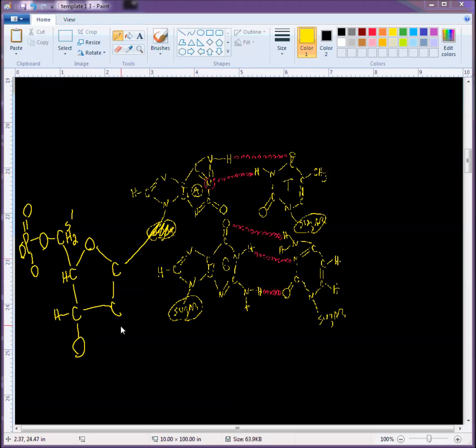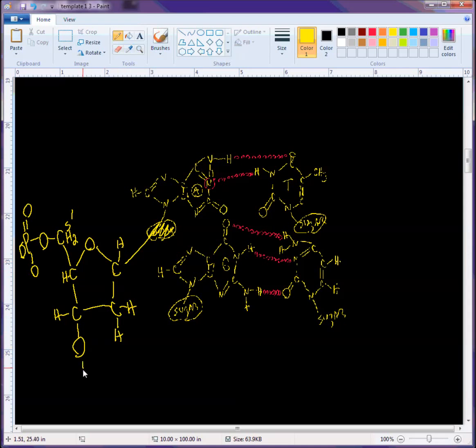Okay, where was I? Yes, I'm attaching these sugars to these bases. These are DNA bases, so we're going to have a hydrogen here, a hydrogen up here, 1, 2, 3, 4. Okay, everything looks good.